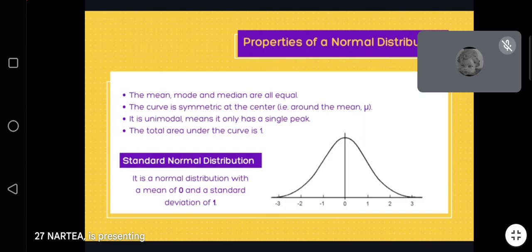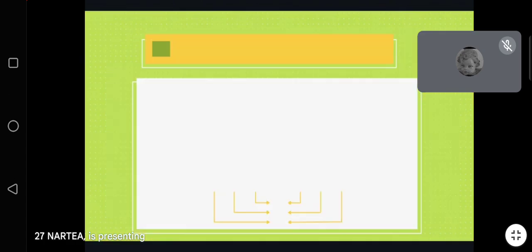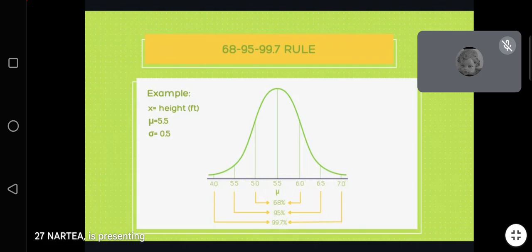As you can see here, the standard normal distribution, the normal curve, always has a mean of 0, and it always has an interval of 1, which is the standard deviation.